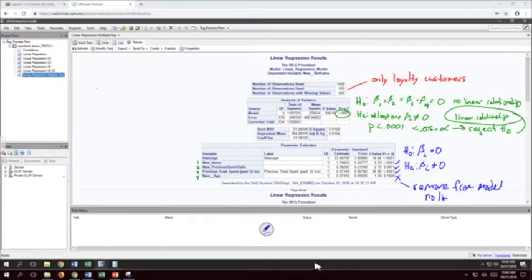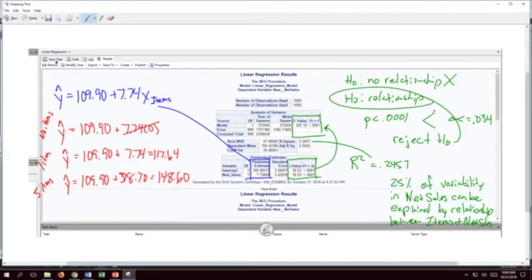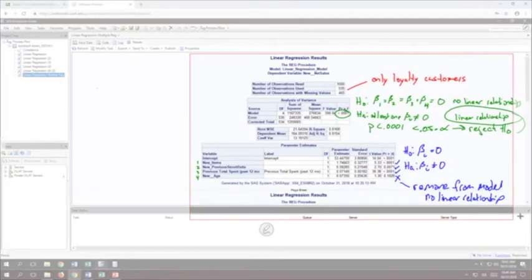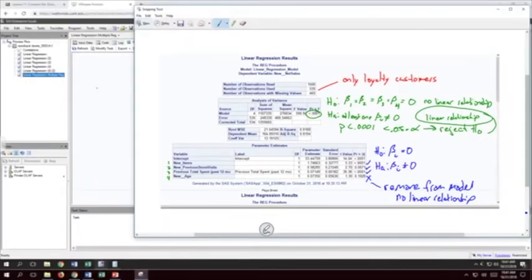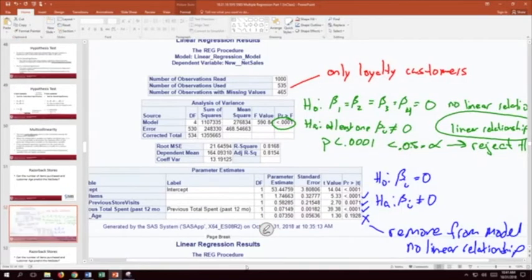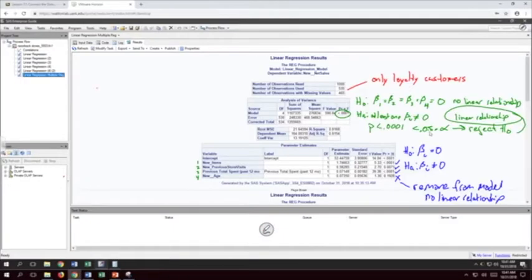No linear relationship. So let's go ahead and remove it. Let's get rid of this one.